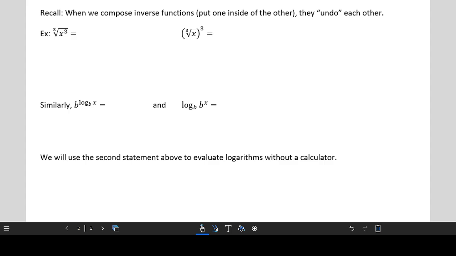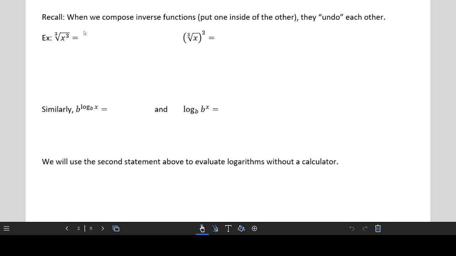Those are inverses. And we know that when we compose inverse functions, so when we put one of the functions into the other, replacing the variable, they essentially undo each other, is what I like to say. So if you have x cubed and then you take the cube root, those undo each other and you're just left with x.